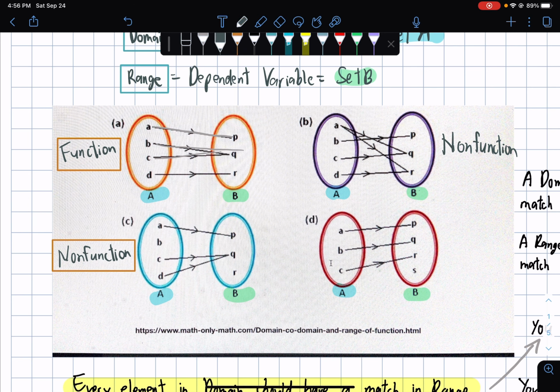Right, for letter D, as you can see here, all elements in the domain have their corresponding matches. But in the range, there is one element that doesn't have a match from the domain. So in that sense, this is still considered a function. I hope you get the pattern.